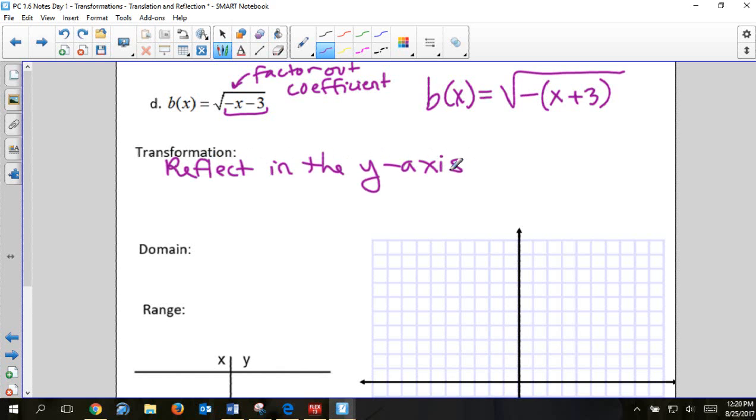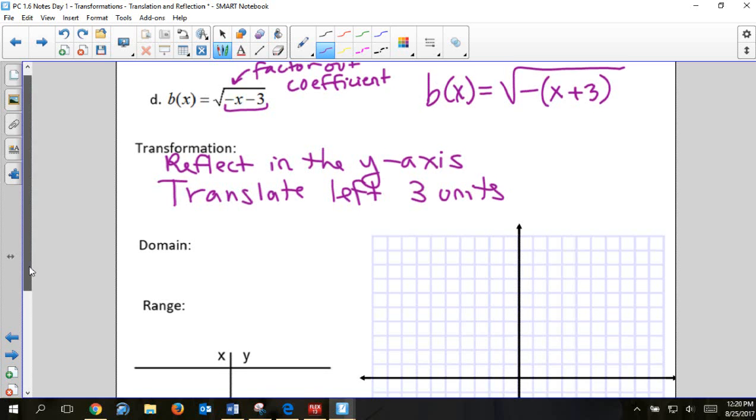And then after we reflect in the y-axis, there's a +3. If there's a +3, what do we actually do? Left. Translate left 3 units.